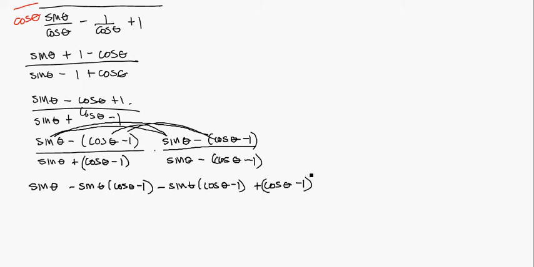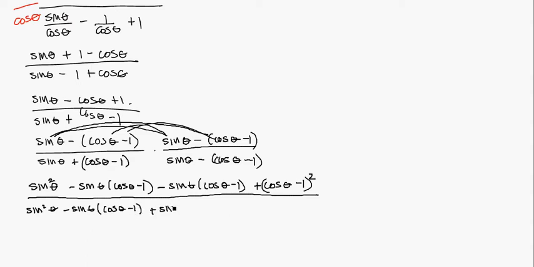And my denominator is similar, so I get sine squared theta minus sine theta cosine theta minus 1 plus sine theta cosine theta minus 1 minus cosine theta minus 1 quantity squared.